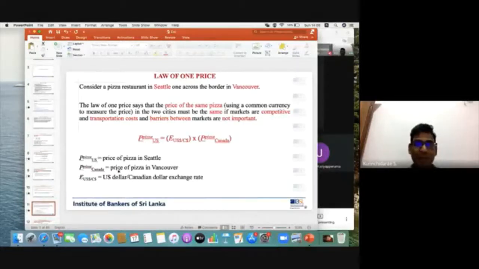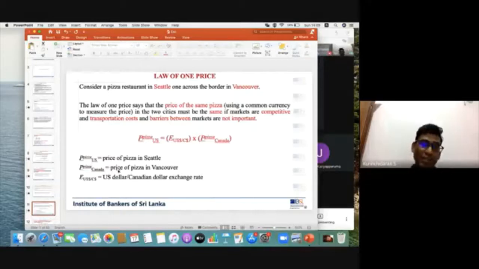Clear? Okay. So now you can plug in figures for two variables here, and you can find out the other one based on the law of one price. If you have the US pizza price and the Canada pizza price, you can compute the exchange rate. Or if you have the price of US pizza and the exchange rate, you can compute the price of pizza in Canada.